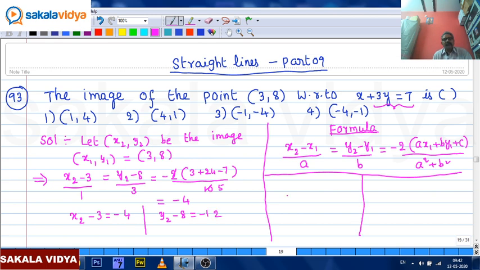So, we need to solve these two equations. x2 is equal to minus 4 plus 3, so minus 1, y2 equals minus 12 plus 8, that will be minus 4. Therefore, x2 comma y2 is equal to minus 1 comma minus 4. So, that means the third option is the right option.